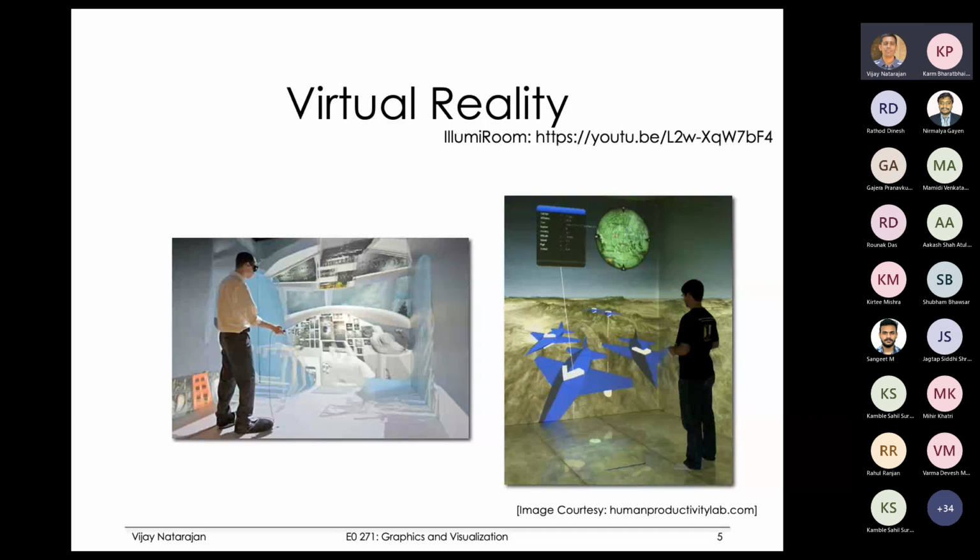Another traditional reason for computer graphics is VR. VR is available to the consumer now, but it has been a very active area for, again, 40, 50 years. And as we will see in the next class, the origins of computer graphics also share a lot with the origins of VR.